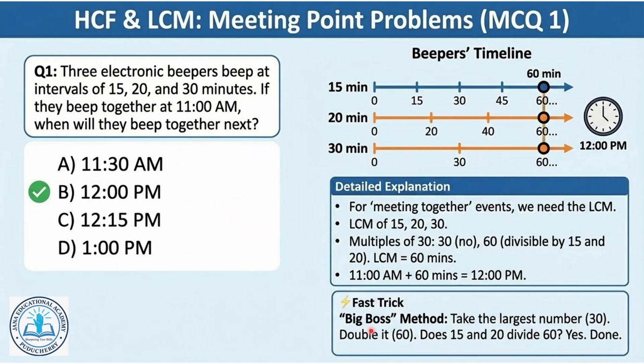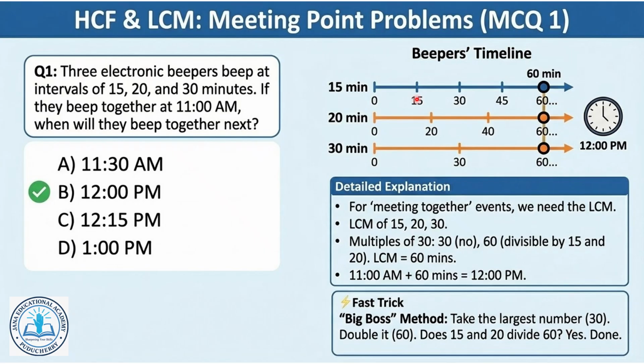So we can use the big boss method. What is the big boss method? What is the biggest number here? The biggest number is 30. Multiply 30 into 1. No, it is not working out. 30 into 2 is 60, so it is working out. That is called the big boss method: take the largest number and double it. 60. Do 15, 20, 30 divide 60? Yes, done.